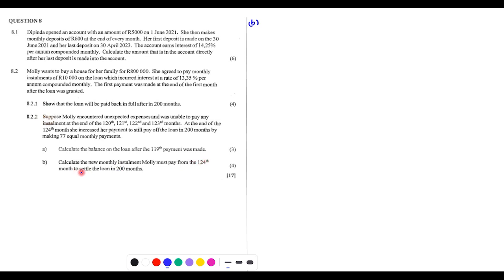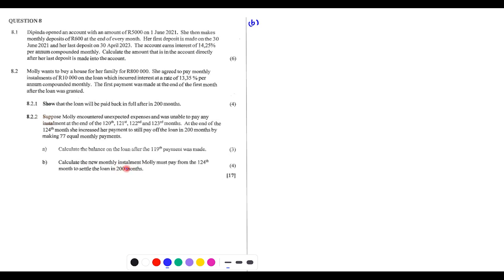All right, now this is the part that we wanted to get into, to explain what happens when someone misses a payment but still wants to pay within that 200 months. So basically what happens is this.